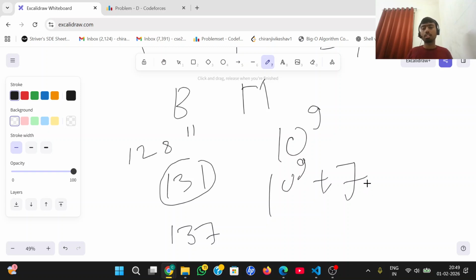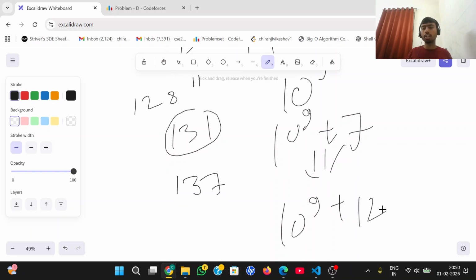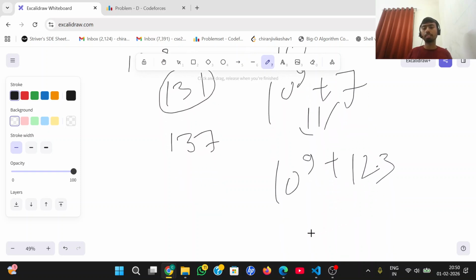So we take another modulus, which is 10 to the power 9 plus 123, which is just greater than this one, and it is also a prime number. Another number you can take is 10 to the power 9 plus 321, which is also a prime number.